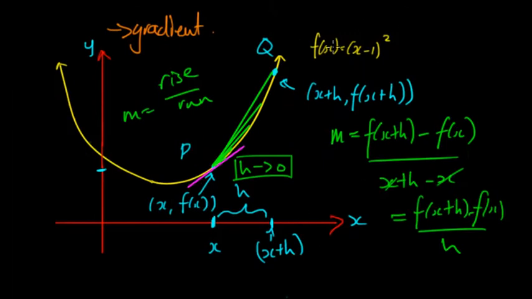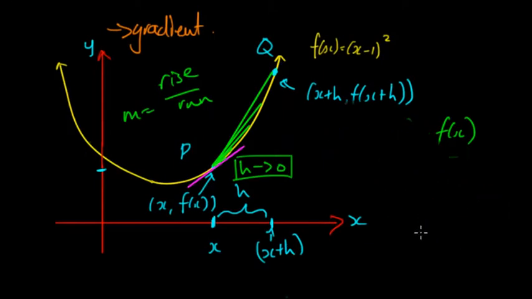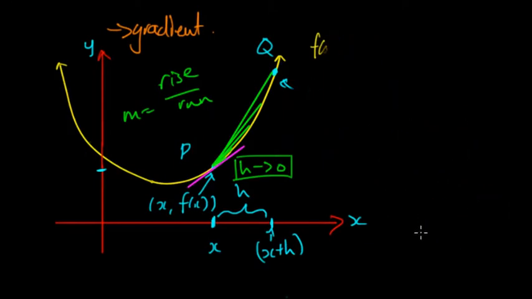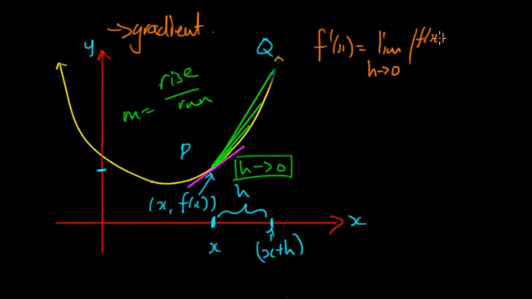So in general, if we want to differentiate with regards to the equation, we can say that f dash of x, so the derivative, is equal to the limit as h goes to 0 of f(x plus h) minus f(x), over h.